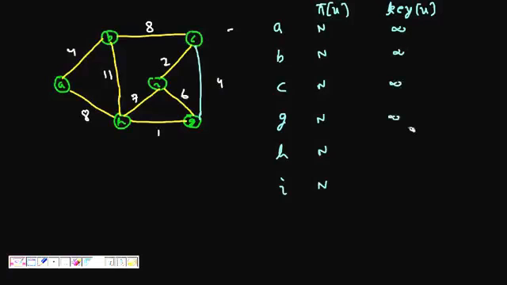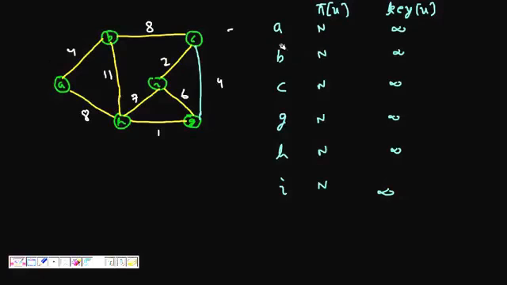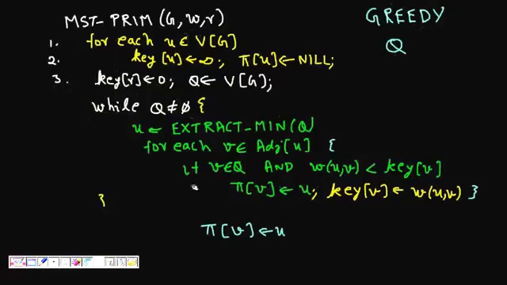Then we want to start with a root. Let's start with node A, so we make its key 0.